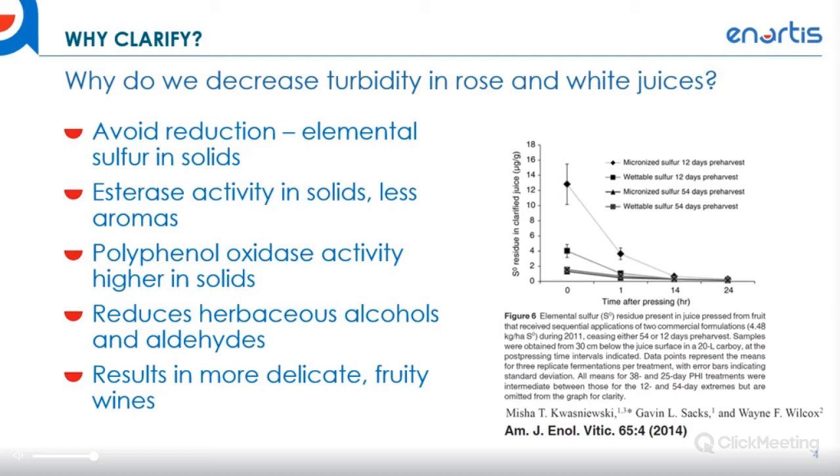And residual sulfur in juice during fermentation is not good because yeast can basically form reductive compounds when there's residual sulfur present. So it's very important that you clarify a juice that has had sulfur sprays because that will remove the potential for H2S formation in fermentation. So avoiding reduction is one reason.